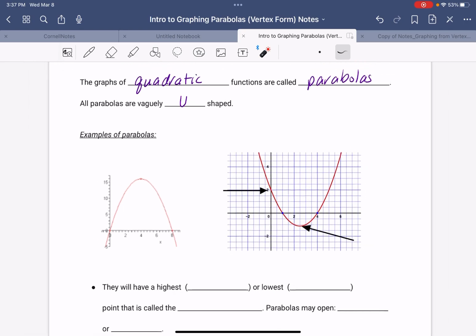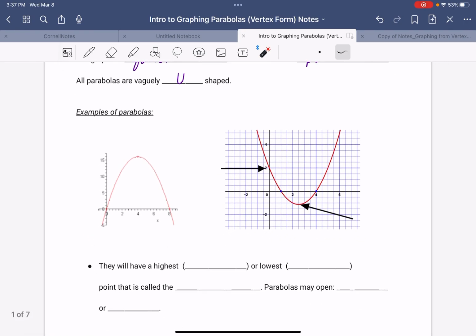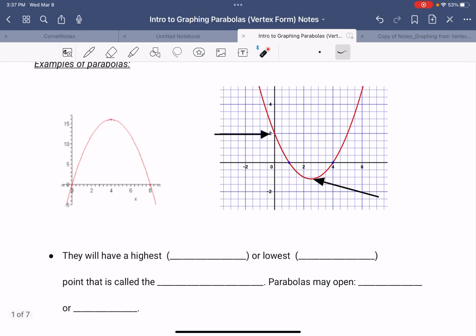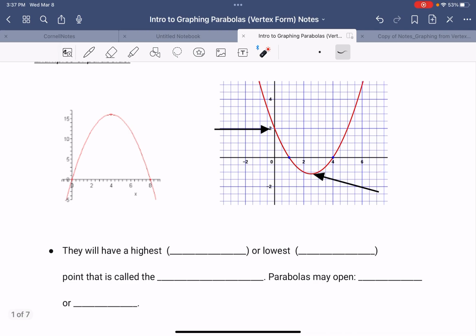All right, so when we're looking at parabolas, you're going to notice they will have a highest point, okay? So the high point right here is also called the maximum, or the lowest point, looking at this parabola, the vertex is at the minimum.